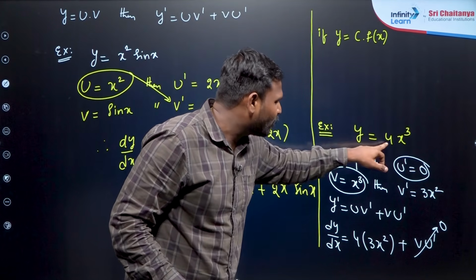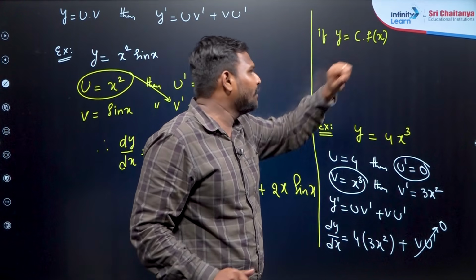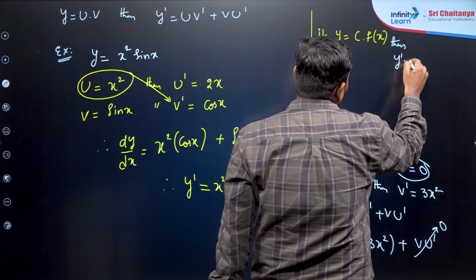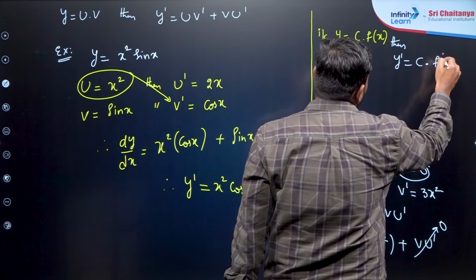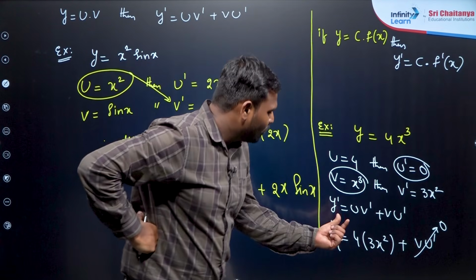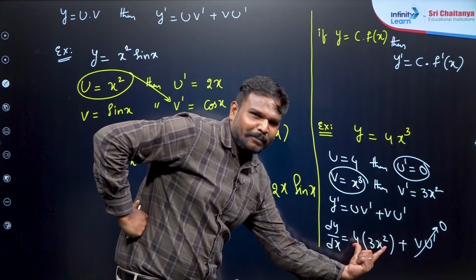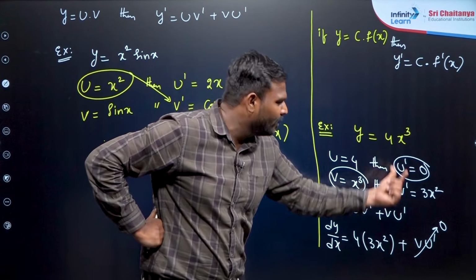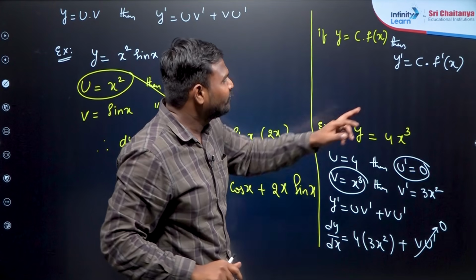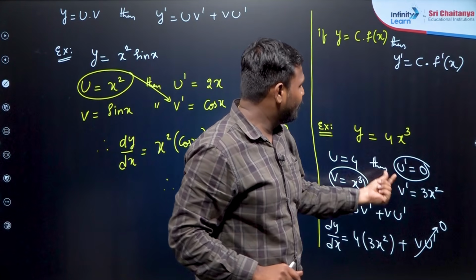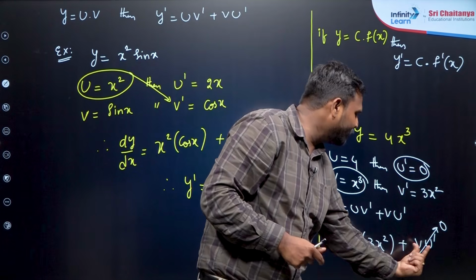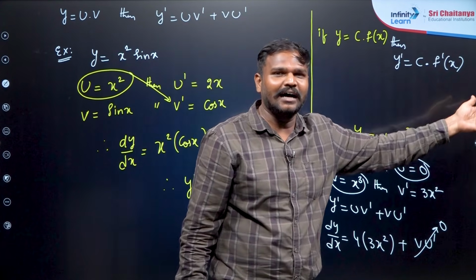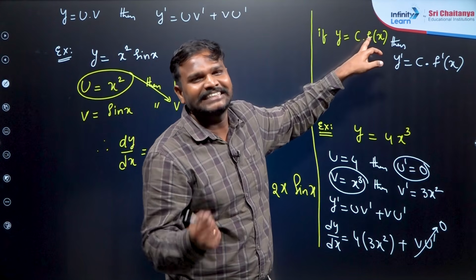Whenever a constant is multiplied by a function, then we can differentiate u into v dash. The v into u dash term, the derivative of the constant, is anyway going to become 0. So no need to write the second half if one of the functions is constant.